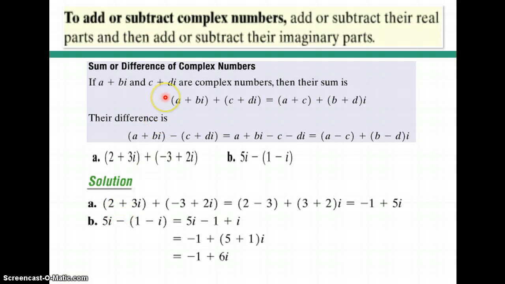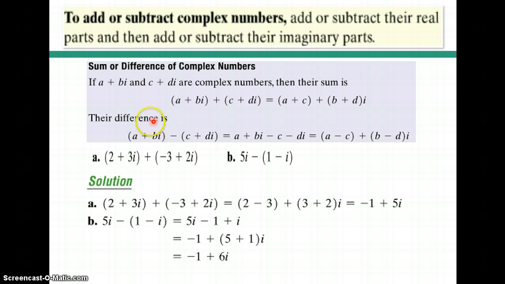To add the complex number a plus bi with c plus di, we have to add the real part a with the real part c and the imaginary part bi with the imaginary part di. So we have (a plus c) plus (b plus d) times i.